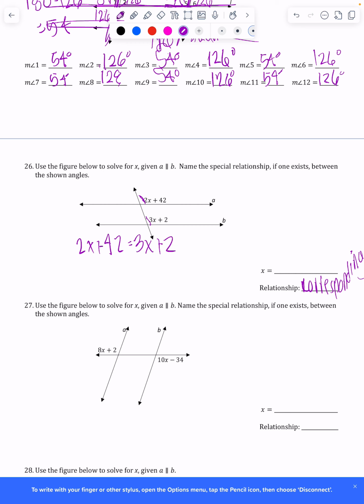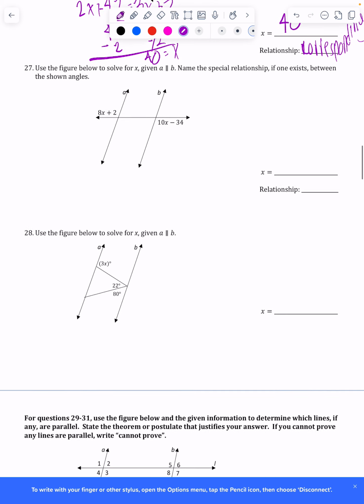All right, I'm going to start solving. I'm going to get 42 equals x plus 2. I'm going to subtract 2 and subtract 2 and get 40 equals x. And that's my answer.